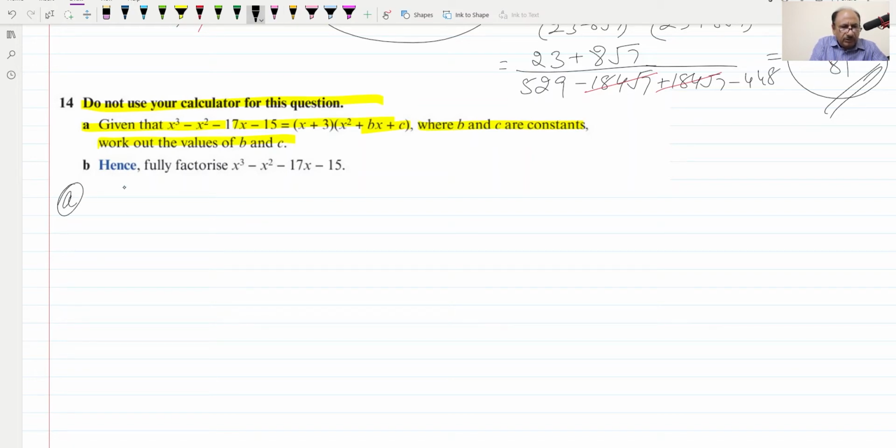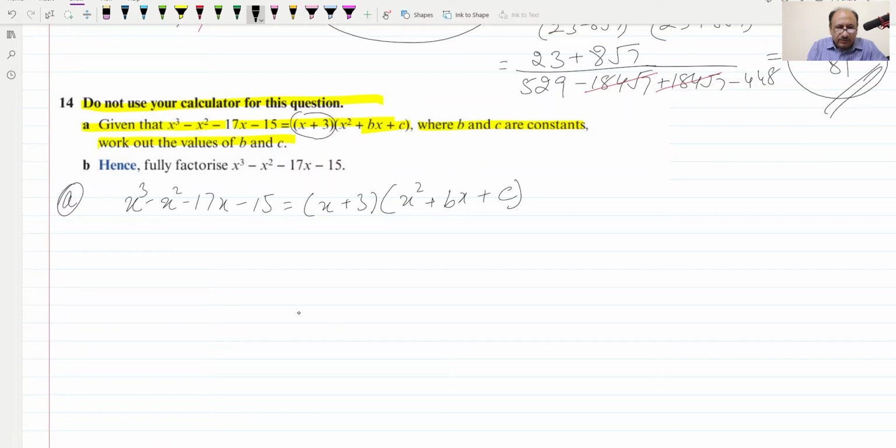We have to work out the value of b and c, and this one we can work out over here. So it will be x cube minus x square minus 17x minus 15, and we know this is x plus 3, so we can write x plus 3 into x squared plus bx plus c.